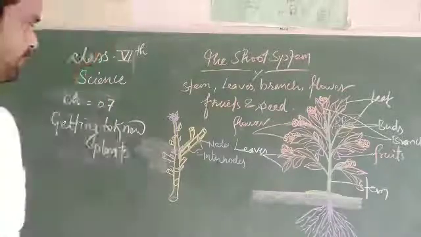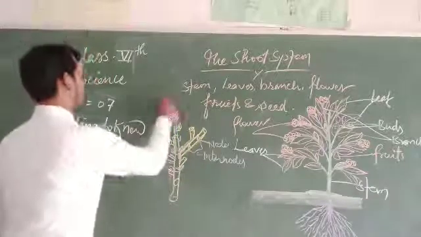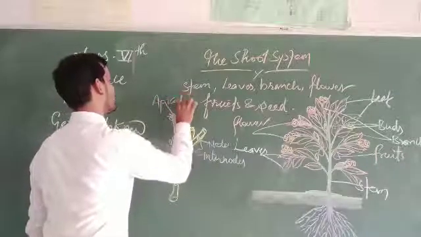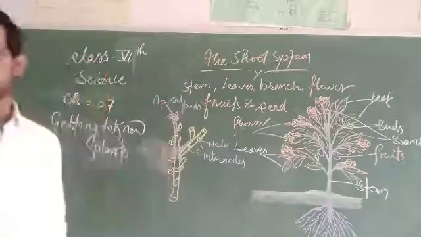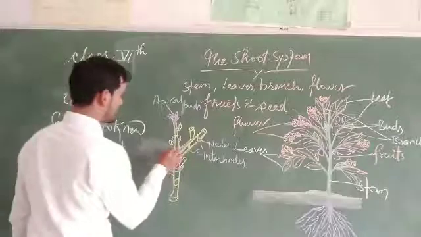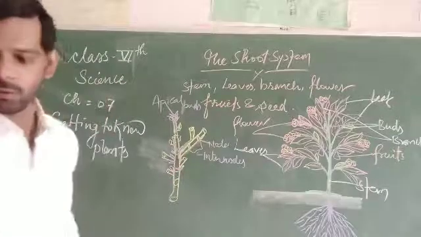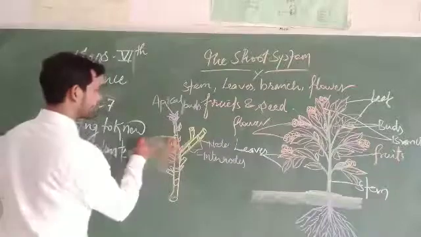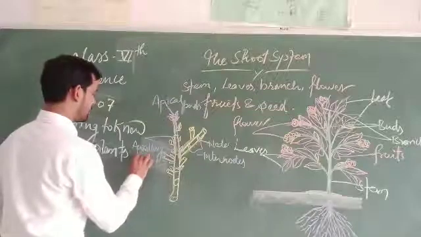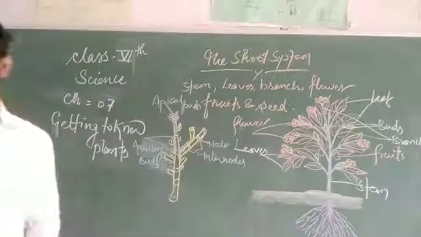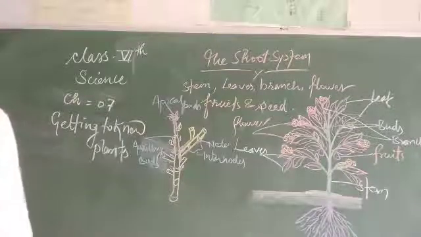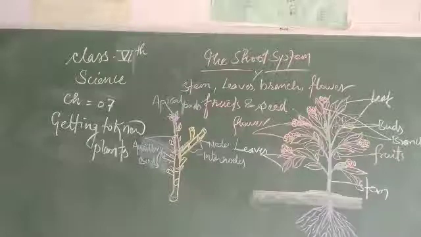Here you can see the nodes, internodes, the apical buds, and some axillary buds. These are the axillary buds, and the others are nodes and internodes and apical buds.